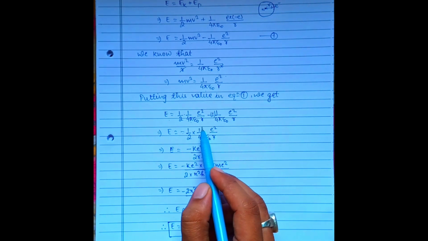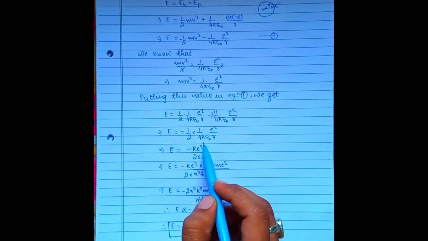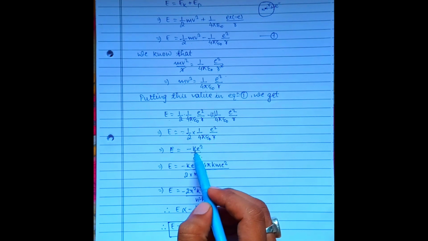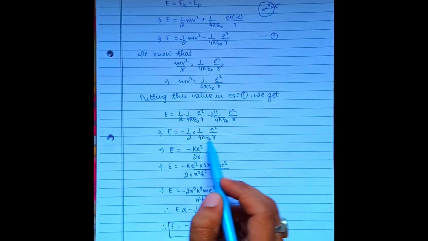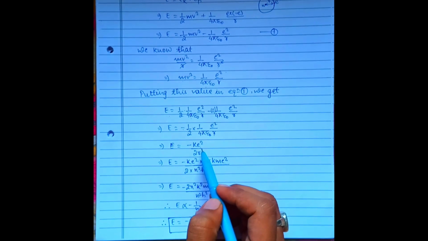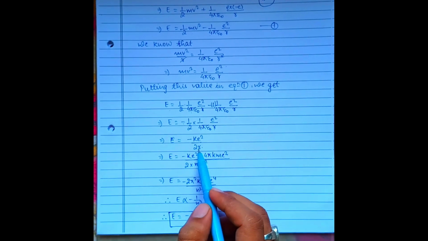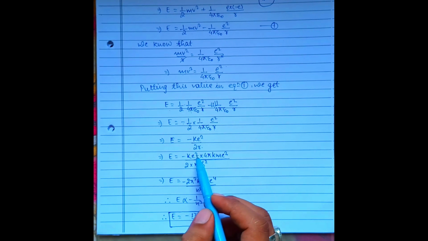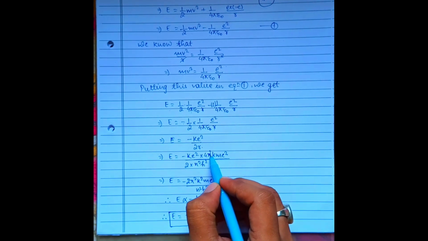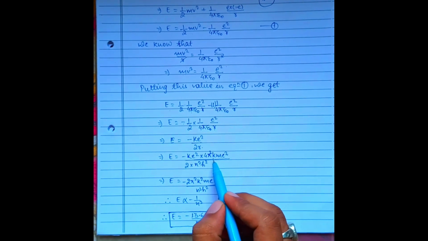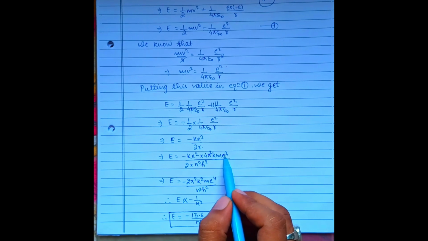We have considered the value of 1 by 4 pi epsilon naught as a constant k, so E is equal to minus k E square divided by 2r. And we know the value of r. In the previous video we studied that it is n square h square divided by 4 pi square k m e square.